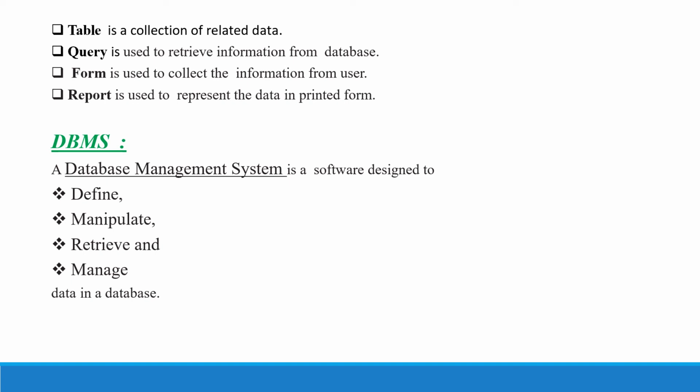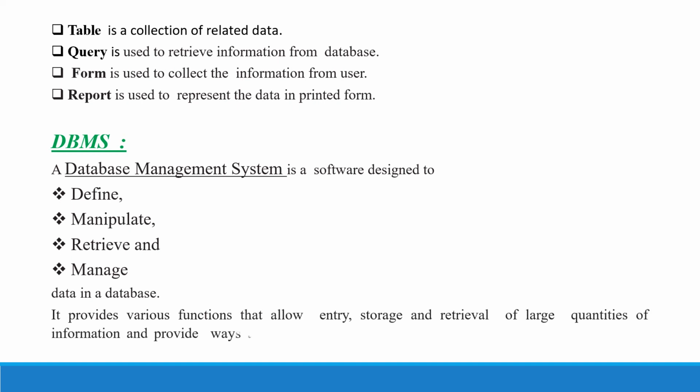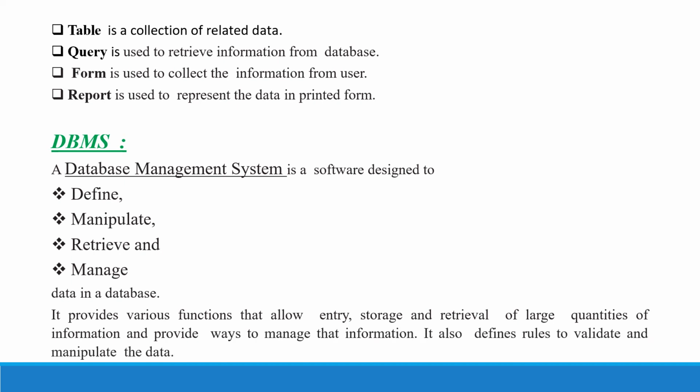So this database management system is nothing but software which is designed to define, manipulate, retrieve and manage the data in a database. It provides us various functions that allow us to enter the information, to store the information, to access information of large quantities, and provides ways to manage the information.